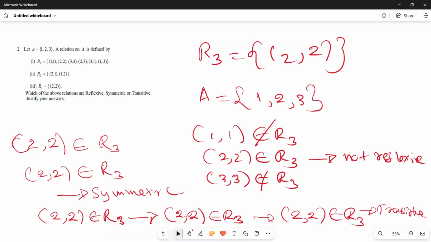When considering the transitive, (2, 2) starting at 2 and ending at 2, so (2, 2) belongs to R3. The next one, reversing, also (2, 2) belongs to R3, that means starting and ending also 2 and 2, so it is transitive. So I think we have clearly explained the things. This is the way we are identifying reflexive, symmetric and transitive.